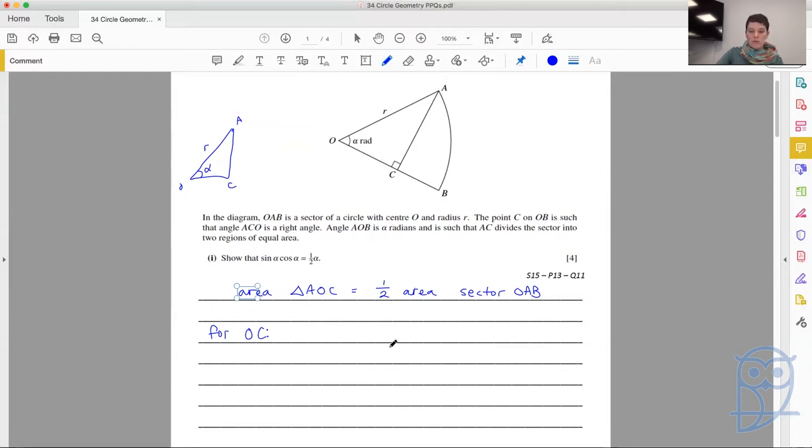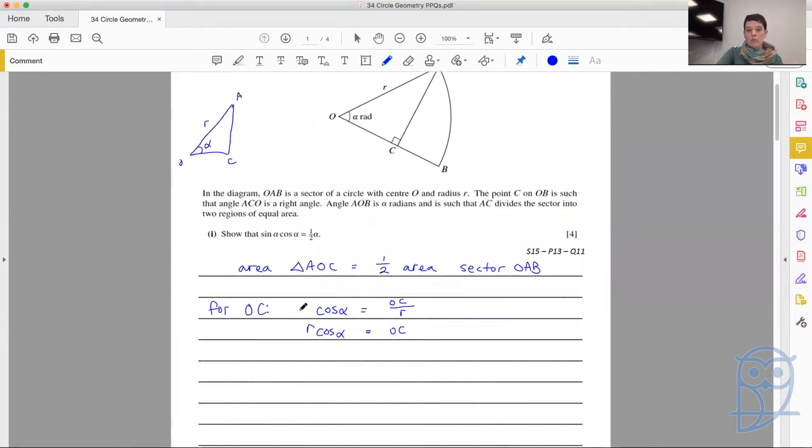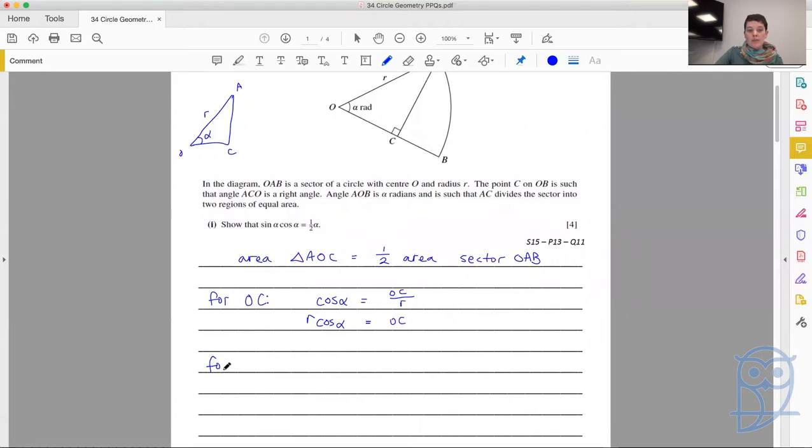Adjacent and hypotenuse, so cos alpha equals adjacent OC over hypotenuse R. So OC is going to equal R cos alpha. Remember, we always put the R at the beginning, so that is multiplied. Similar for AC, only now it will be opposite and hypotenuse, so sine alpha equals AC over R, AC equals R sine alpha.